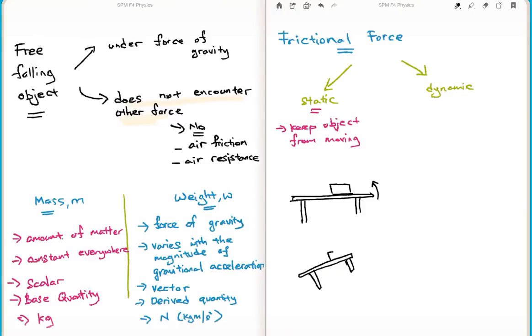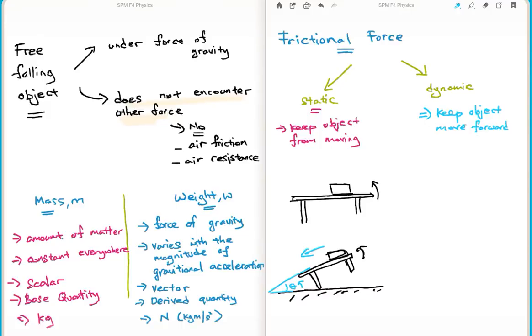The object stays static at a given angle. You keep increasing the angle until it starts to move. The moment it starts to move, it belongs to dynamic friction, which keeps the object moving forward.